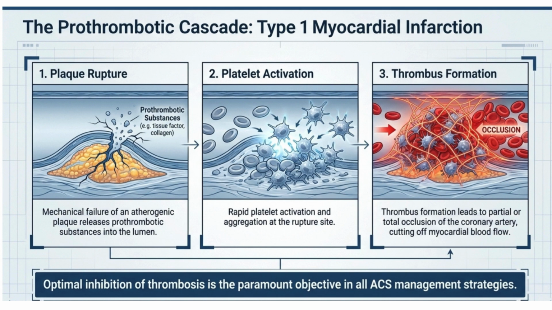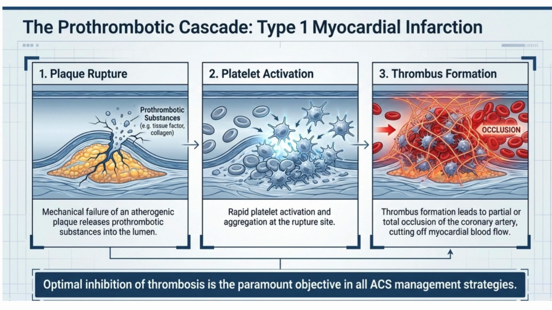Over decades, an atherogenic plaque builds up within the endothelial lining of the coronary artery. The real danger isn't just the size of the plaque, but its stability. A type 1 myocardial infarction is triggered by the mechanical failure or structural fissure of the plaque's fibrous cap.